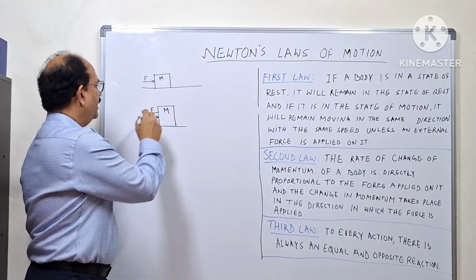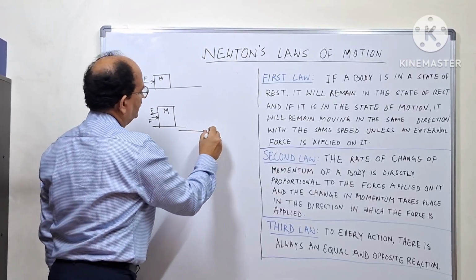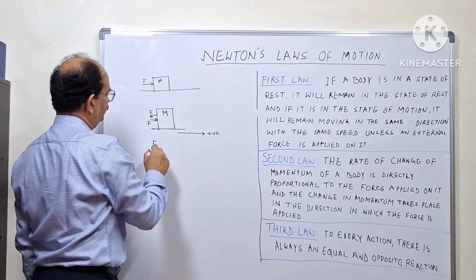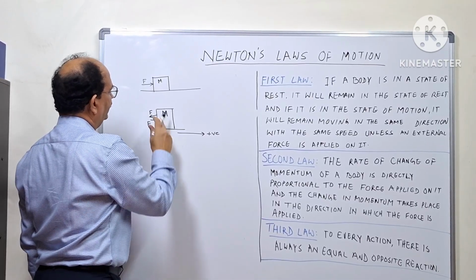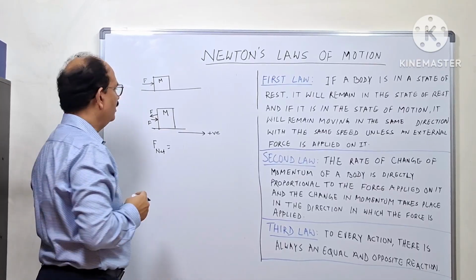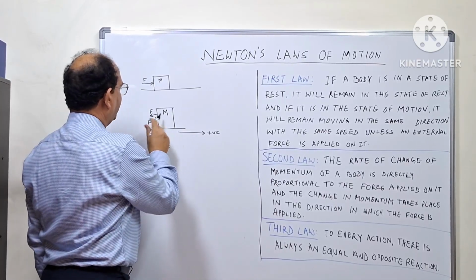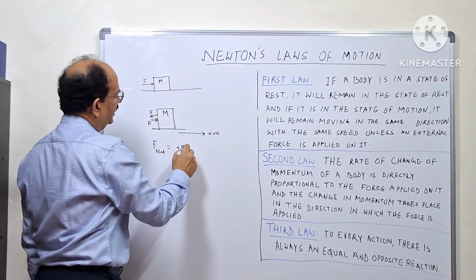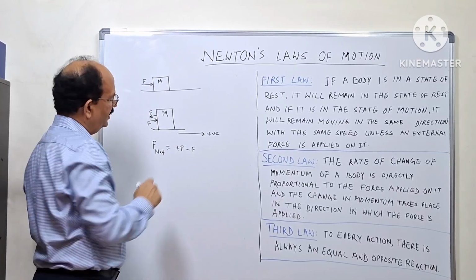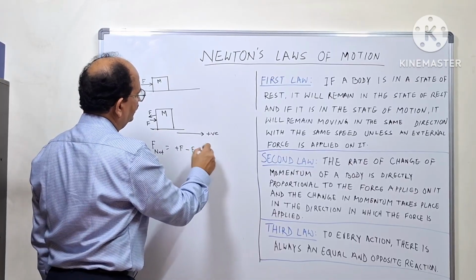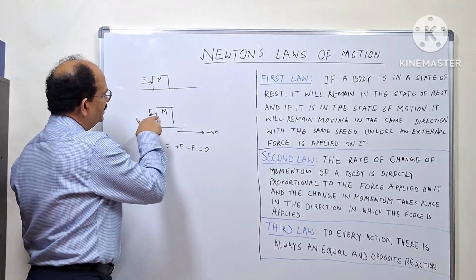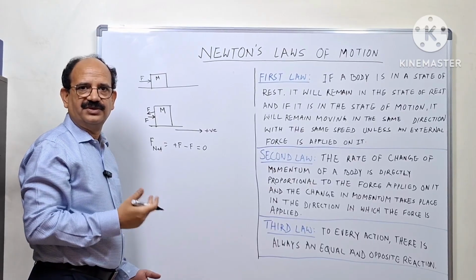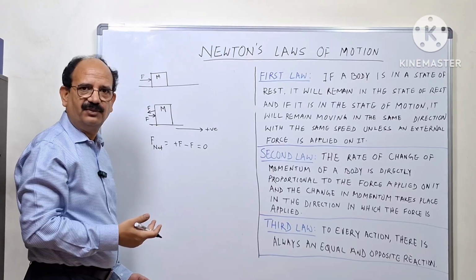Now, if I take this direction as the positive direction, then the net force on this book of mass m will be what? F in the positive direction, so plus F, and F in the negative direction, so minus F. So what is the resultant force on this? Zero. If there is zero resultant force, will the body move? Of course not, because there is no force to change its state of motion.